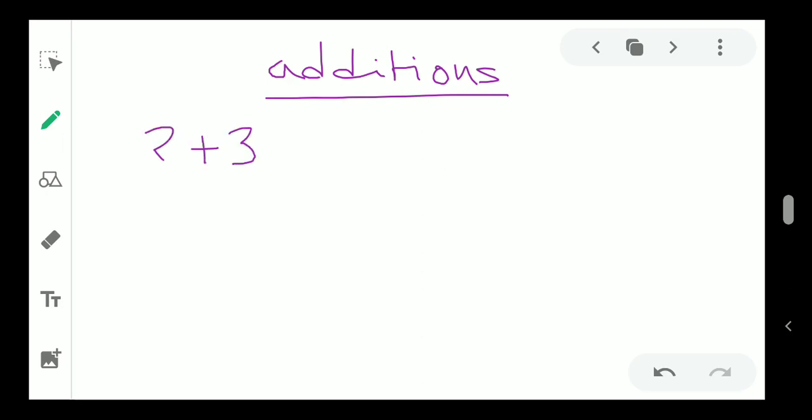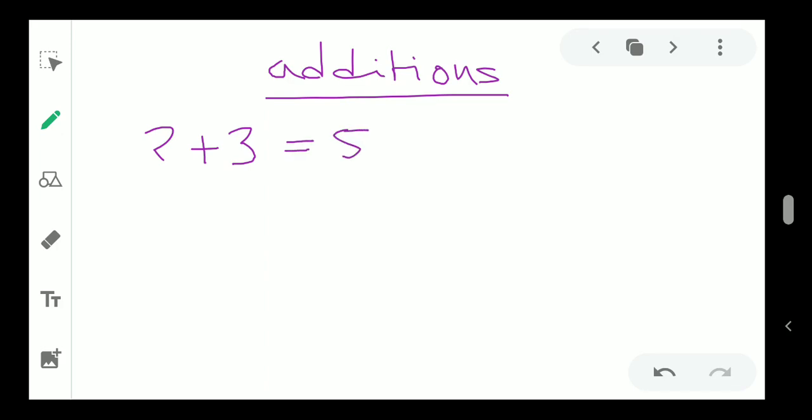Coming to the very basic part, that is addition. In algebra, addition takes place like this. If you know that 2 plus 3, we can write 5.